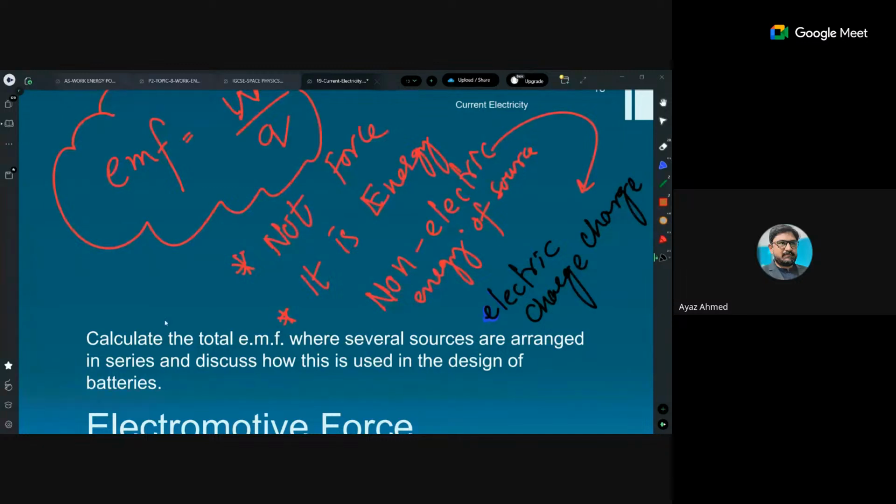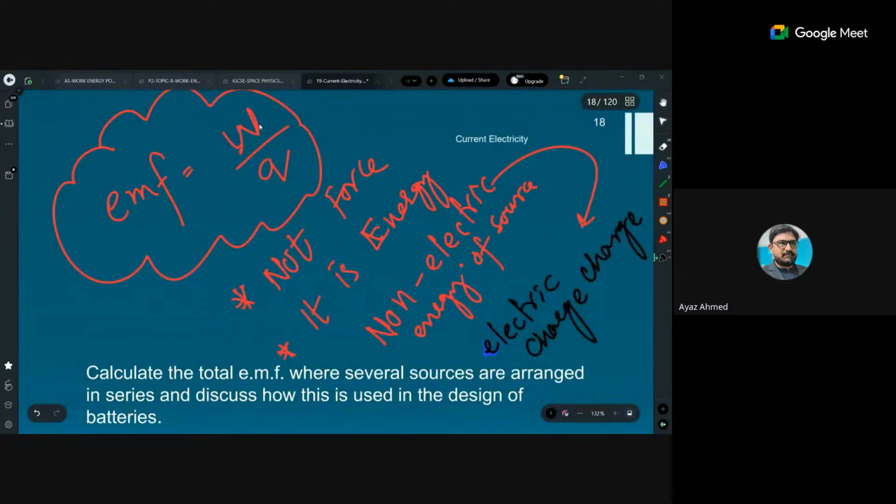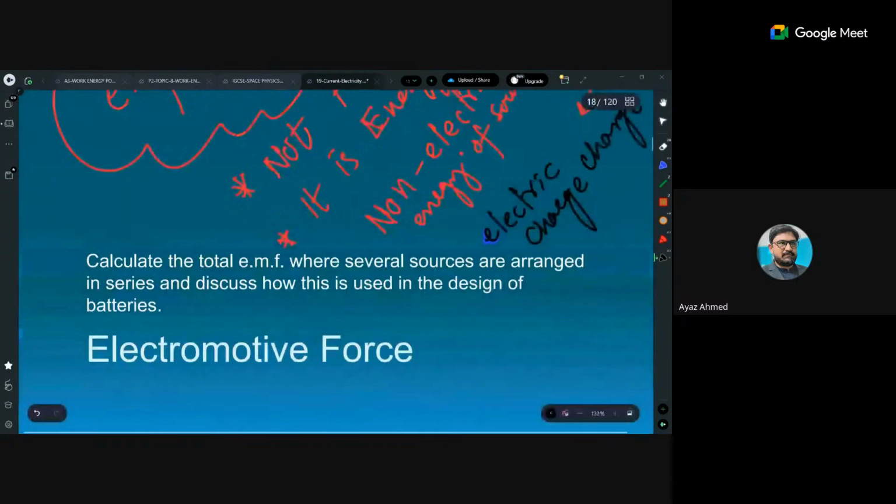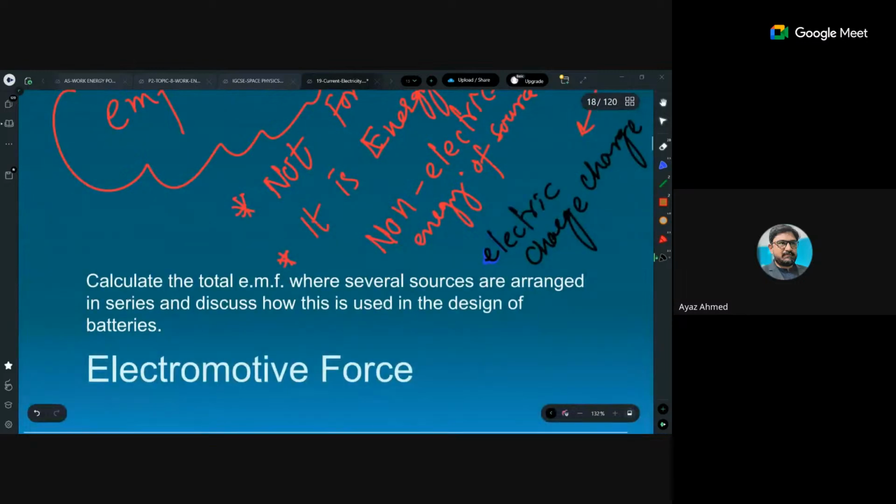That is why the charge is getting electrical energy, and that is why we say it is work done by the battery. Usually we call it the voltage of the battery, right? That is why batteries are called voltage sources. So technically it is voltage.